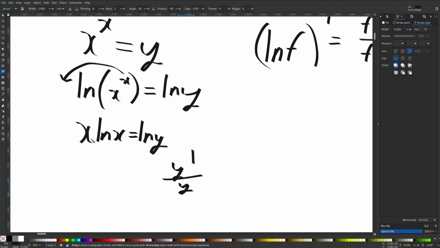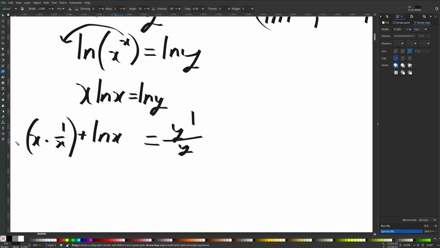And now for x times ln x, that's just a product rule, so x times the derivative of ln x is x times 1 over x. And then we add the other part, which is going to be 1 times ln x.